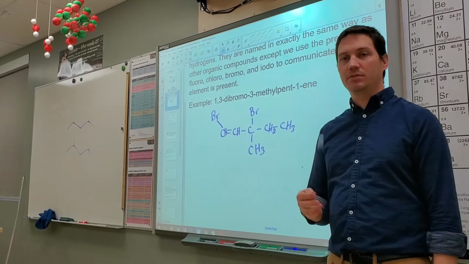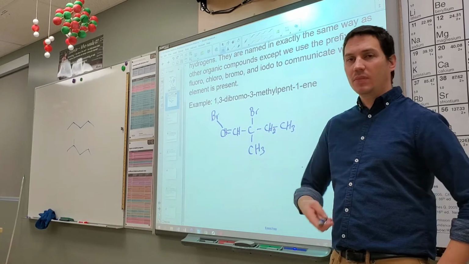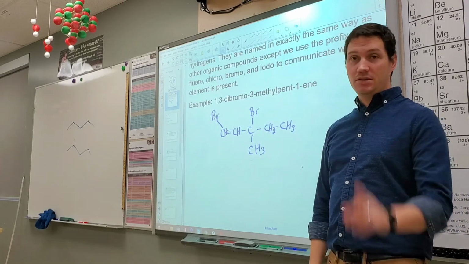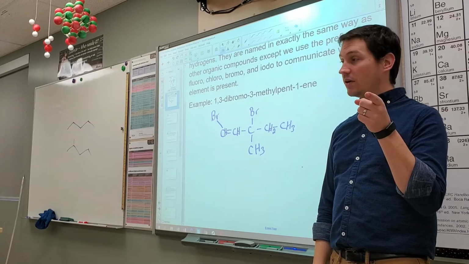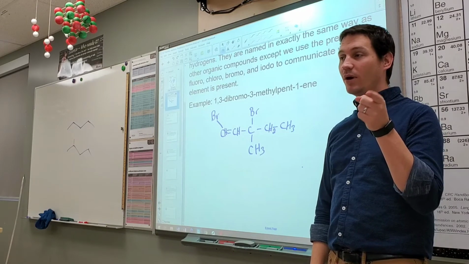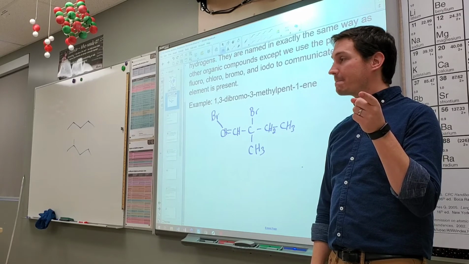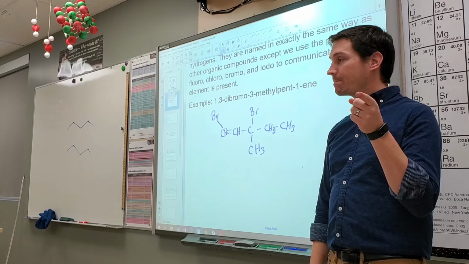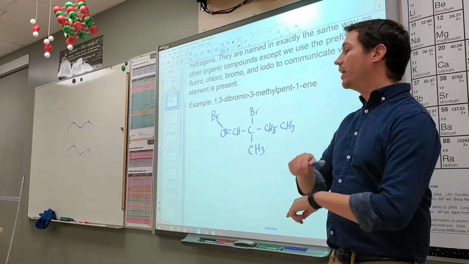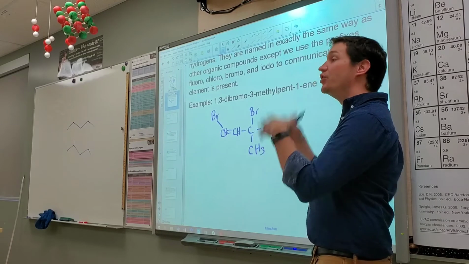So all of these alkyl halides, they all have a bonding capacity of 1? Yes, all of the alkyl halides have a bonding capacity of 1. What a fantastic question. What does she mean by that? It means they only have one orbital that's not a lone pair.